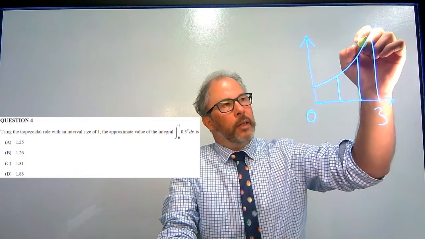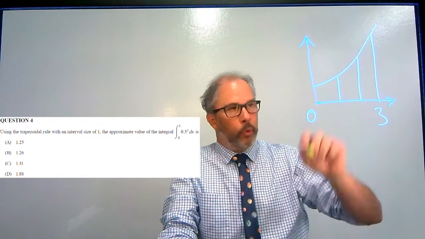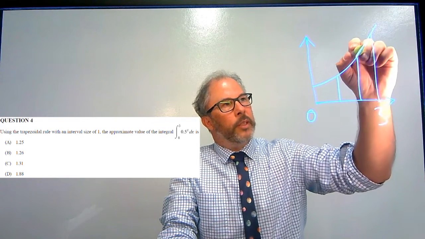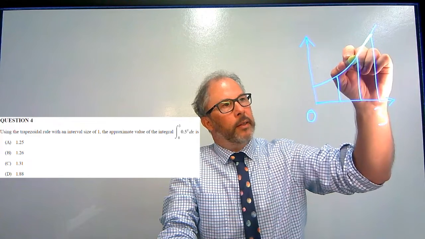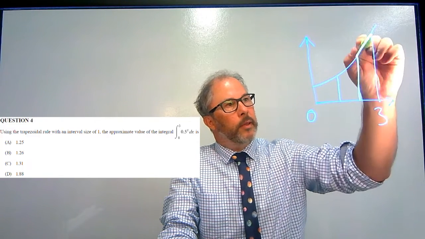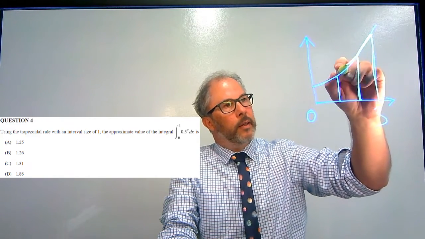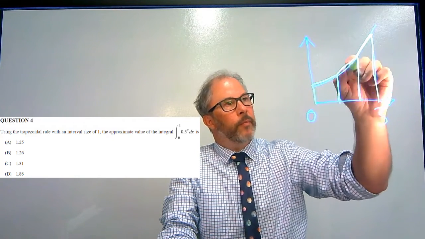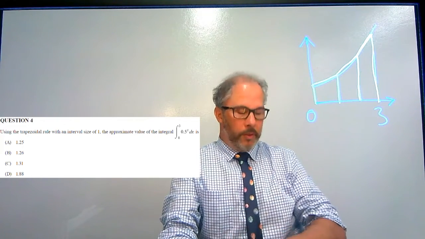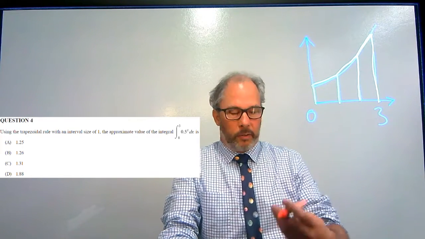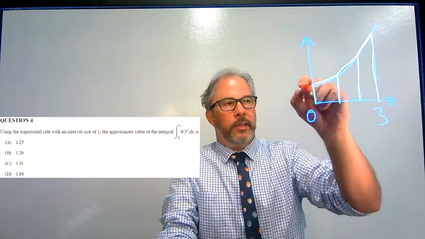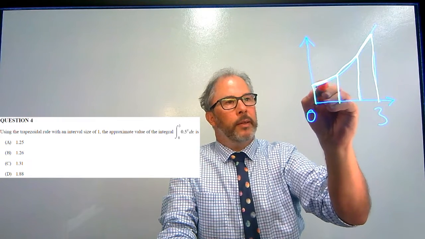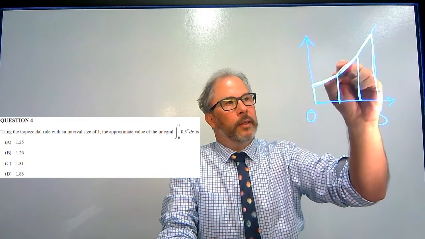If I'm going to use my trapezoidal rule, I've got these 3 strips here, and I'm going to have a trapezium here, here, and here. So 3 trapeziums. One thing I want to point out is that hopefully you can see, because of the shape of the curve, I have overestimated here and here.